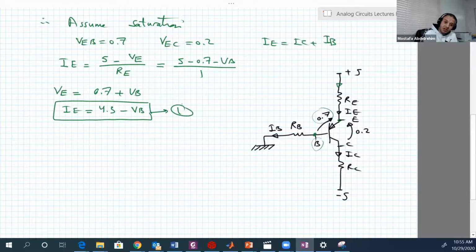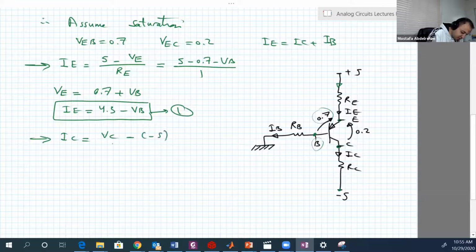Let's do the same for IC as well. IC is equal to VC, the voltage at that point, minus 5, over RC. Now we want to calculate VC.